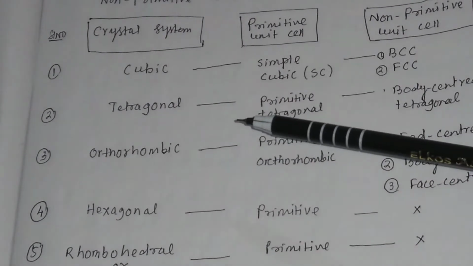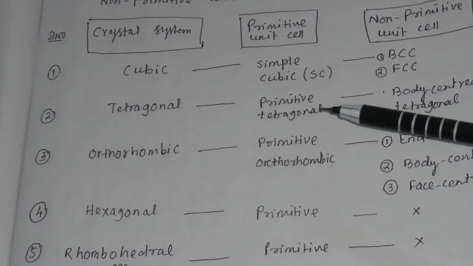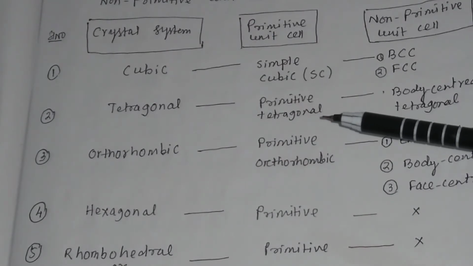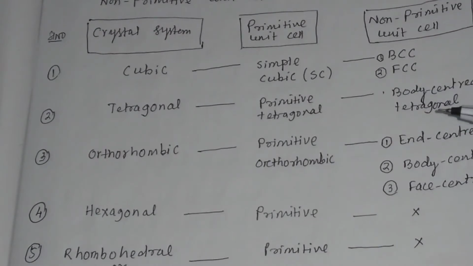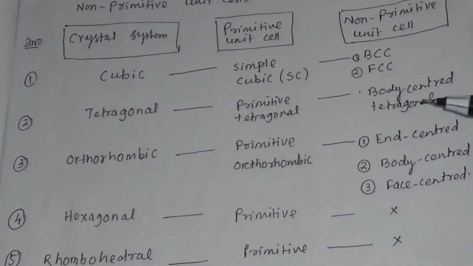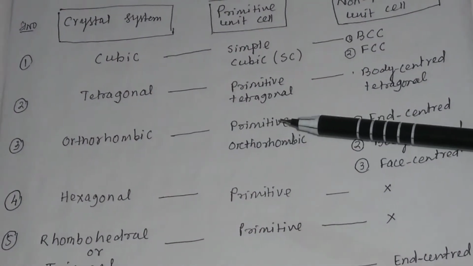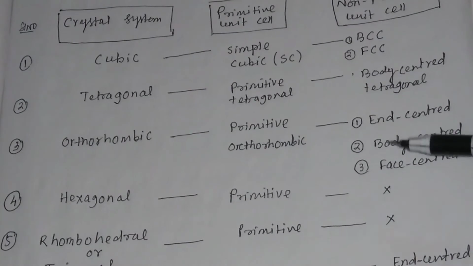In tetragonal there is one primitive unit cell, primitive tetragonal, and one non-primitive unit cell, body centered tetragonal. In orthorhombic there is one primitive unit cell, primitive orthorhombic, and three non-primitive unit cells: end centered, body centered, and face centered.